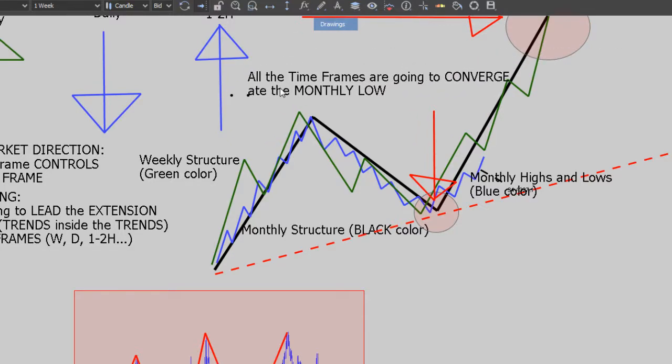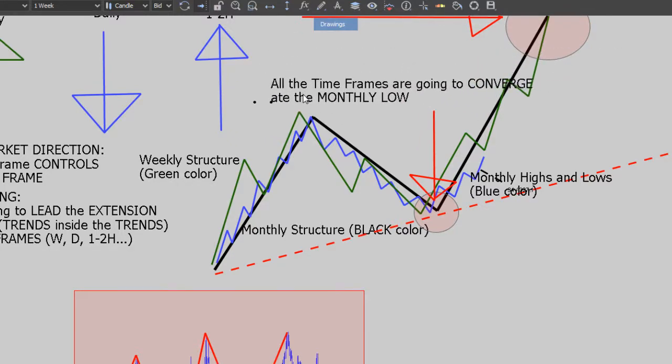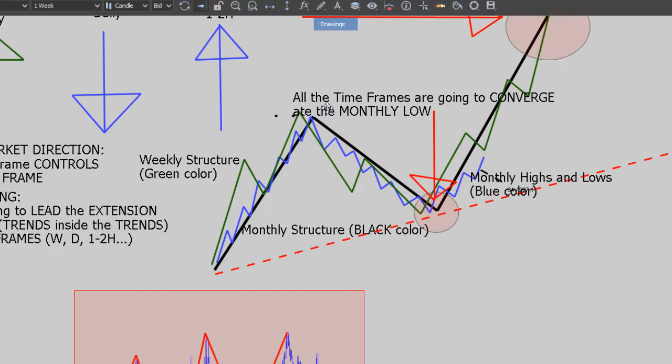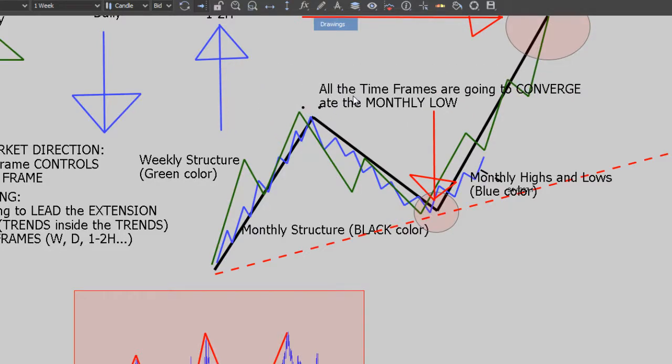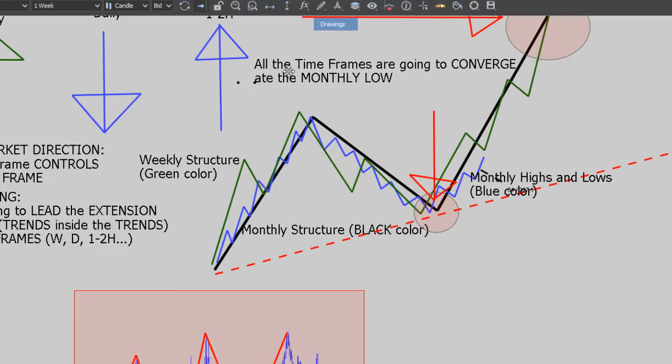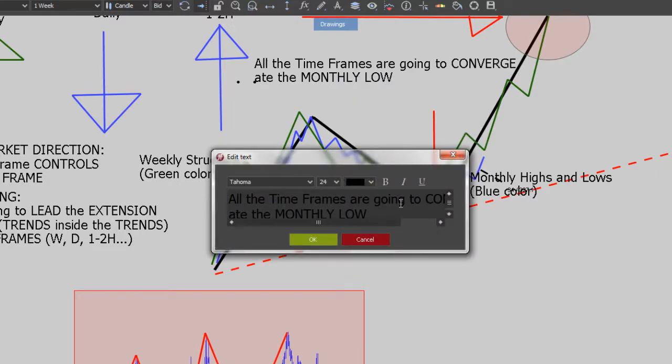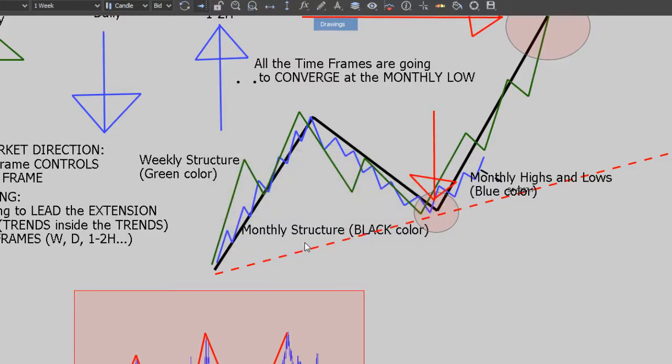I know it's confusing, I know it's difficult to understand. Try to understand, try to think with me. Okay, so edit label, let me see, converge at the, let's see if like this is better.